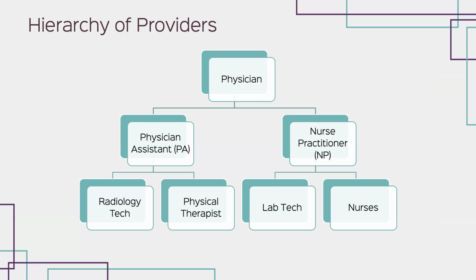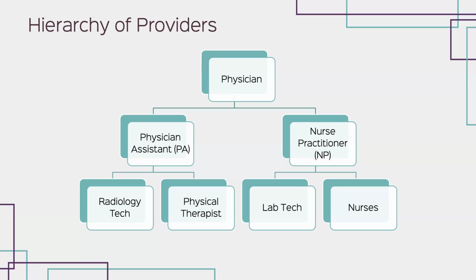Your physicians often have mid-level providers working within that same office. Those mid-level providers will be your physician assistants and your nurse practitioners. Those mid-level providers are also known as physician extenders because they do extend the work of the physician themselves.